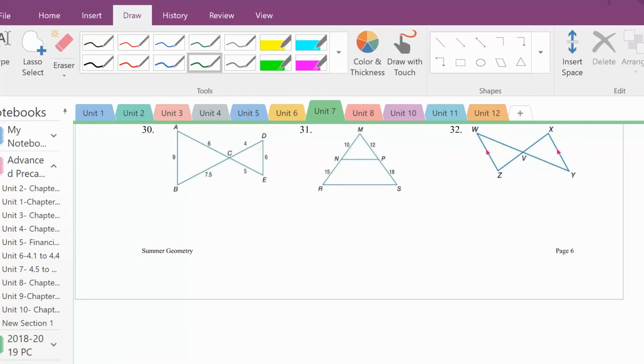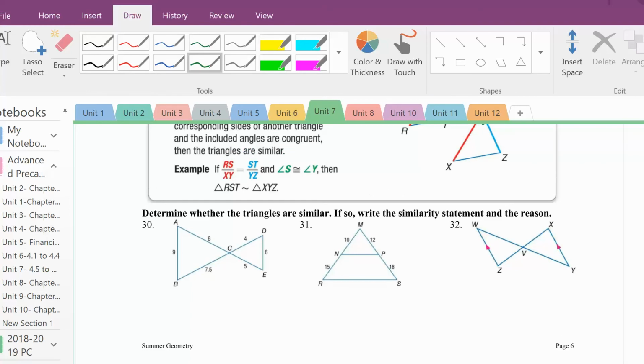So we'll look at these pictures here. So notice there's a couple things that you could look at here. Number one, for the triangles, like what's the ratio of 9 to 6? And that's 3 to 2. And then you could say 6 to 4 is also 3 to 2. And 7.5 to 5 is also 3 to 2.